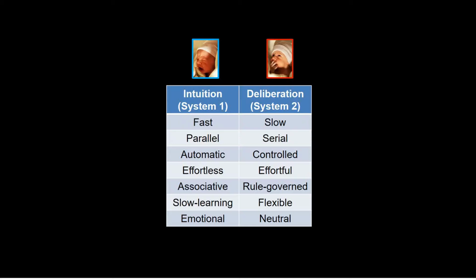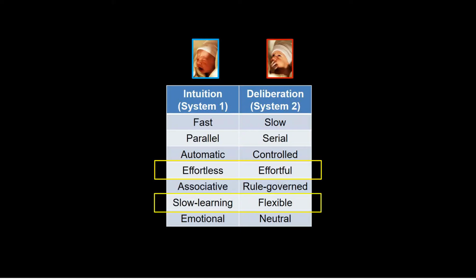And so what I have done is to say, let's pick some of these dimensions. We can't do the whole thing, but let's focus on the fact that intuition is relatively effortless, whereas deliberation is relatively effortful.